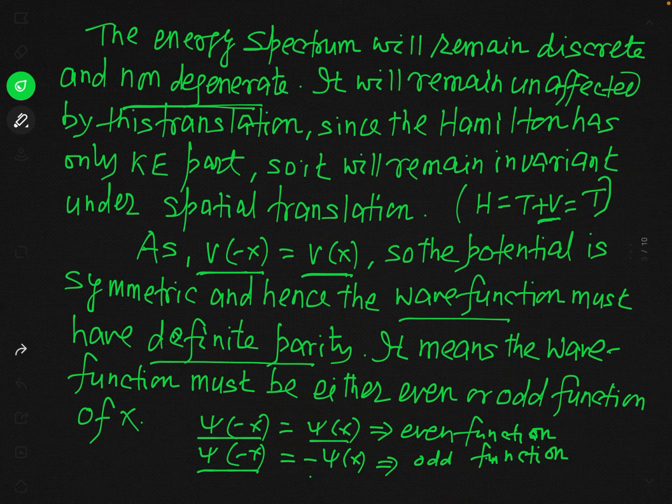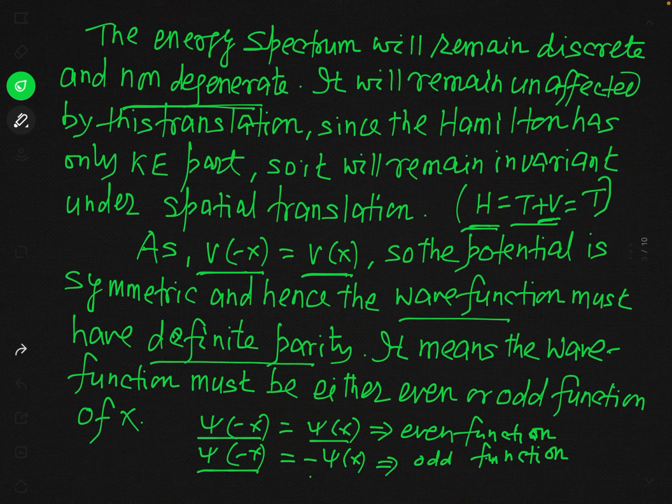In this case, the Hamiltonian is only kinetic energy, because Hamiltonian H is equal to T plus V, but V is 0 inside the well. So inside the well, the Hamiltonian is simply equal to kinetic energy, and the kinetic energy does not change due to a spatial translation. It means the Hamiltonian of our system remains invariant.